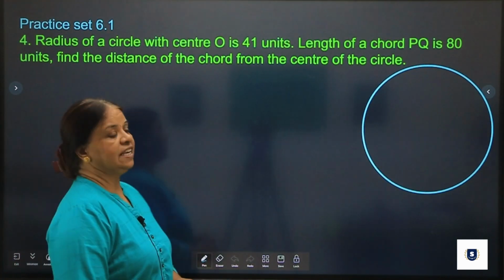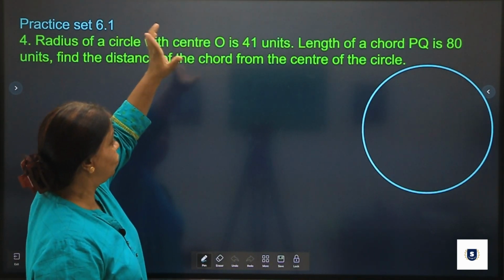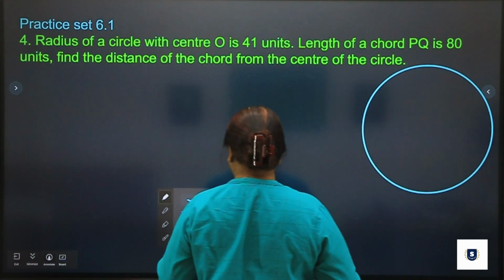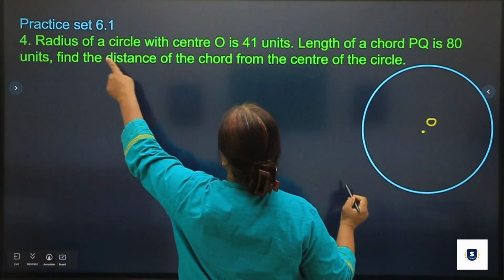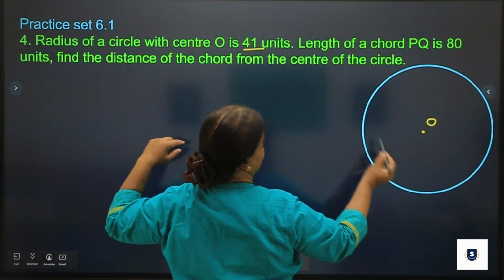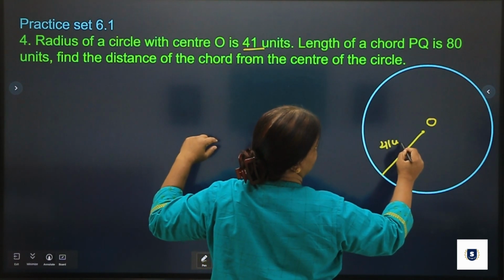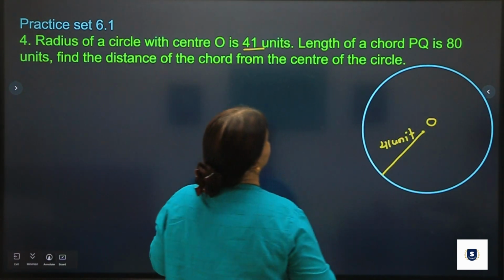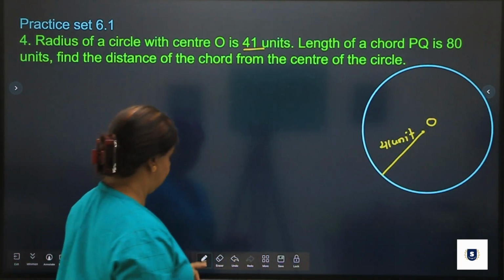The fourth question says the radius of a circle with center O is 41. There is given center O and the radius is given 41 unit. Clear? The length of the chord PQ is 80 unit.